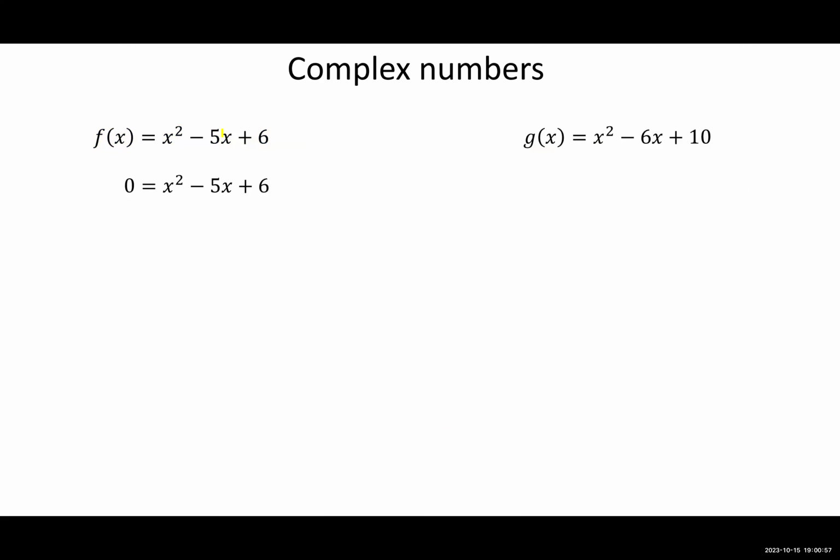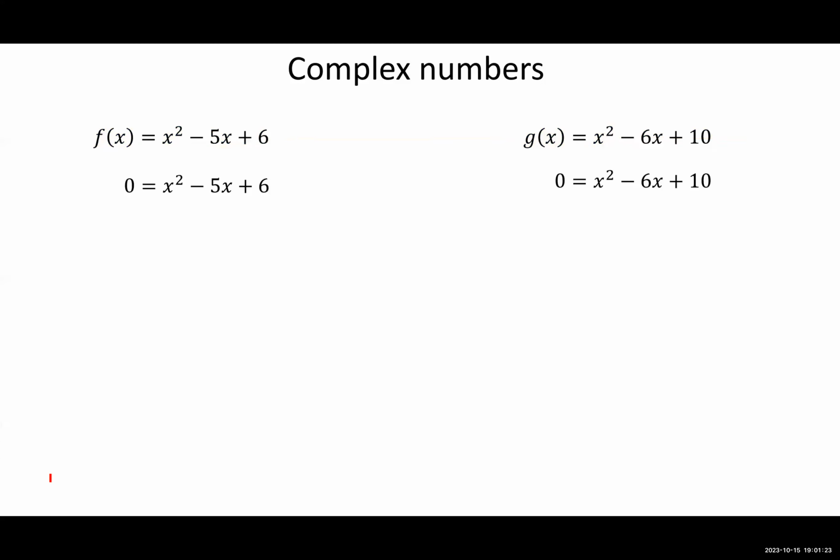So let's go with g of x equals x squared minus 6x plus 10. It's a similar looking function, right? They're both quadratics. They both have a leading coefficient of 1. So we looked at this one first, now we look at this one, and g of x looks like it's the same type of problem.